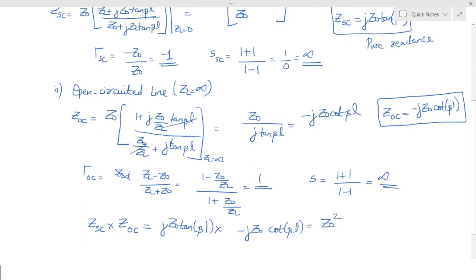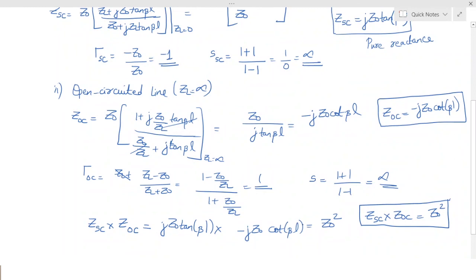So this is another important equation you should know. Short circuited line impedance into open circuited case. If both these values are given in some problem, you can calculate characteristic impedance. ZSC into ZOC will be square of characteristic impedance.